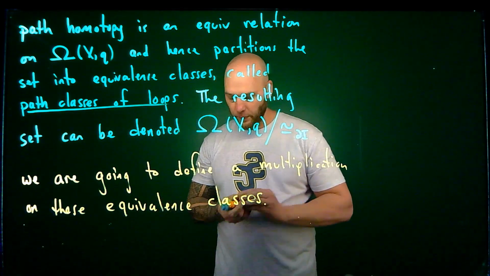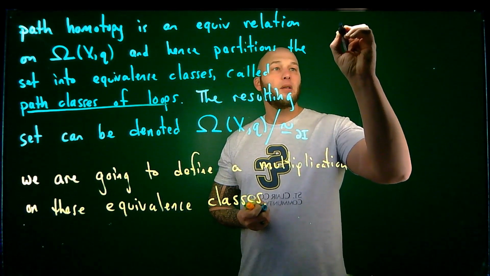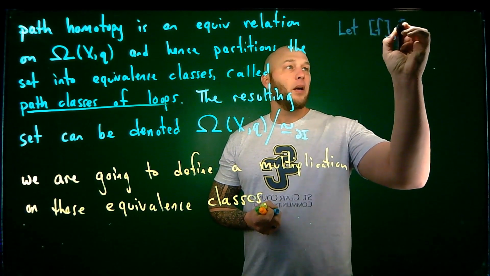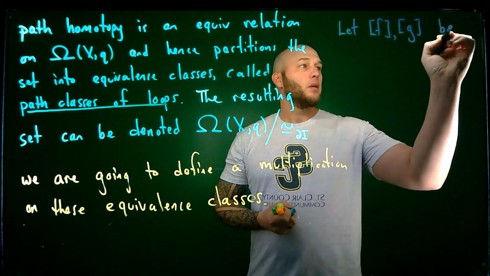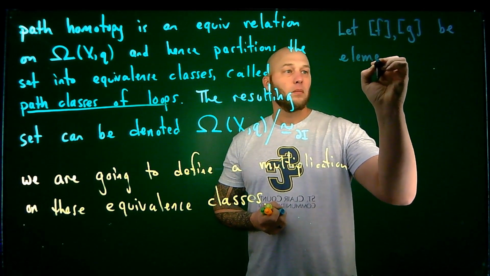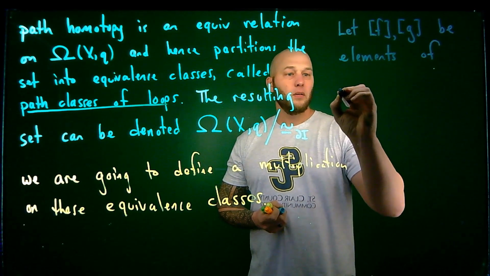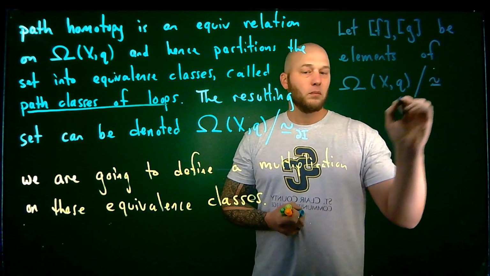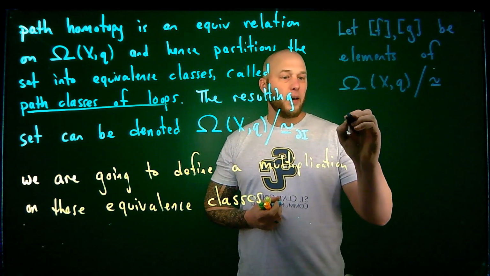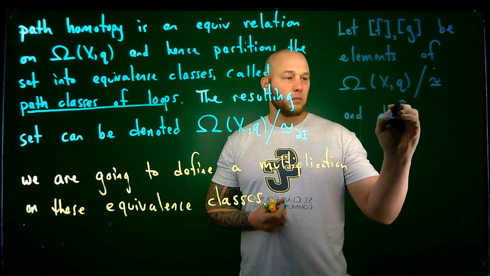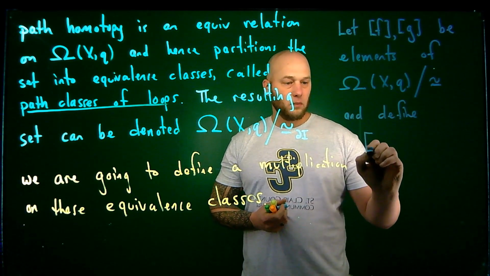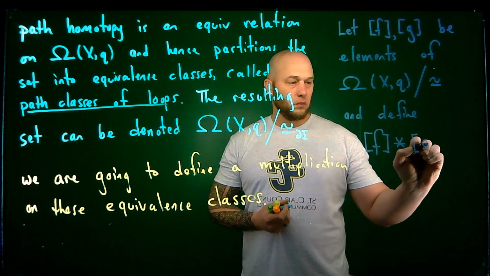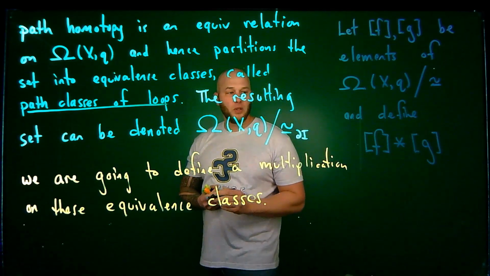All right, so here's what I'm going to do. Let f and g be elements of this collection of equivalence classes, and we're going to define the product of those two as follows.